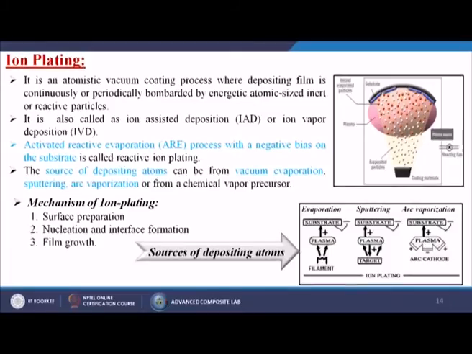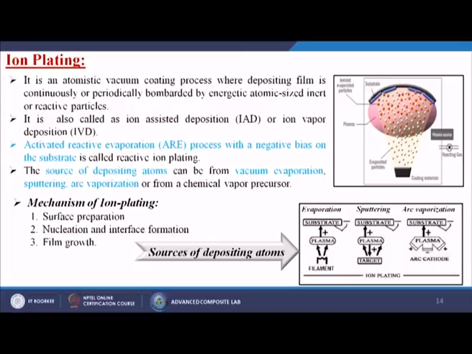The source of depositing atoms can be from vacuum evaporation, sputtering, arc vaporization, or from a chemical vapor precursor. So, from this there are certain mechanisms available: first the surface preparation, then nucleation and interface formation, and the film growth.